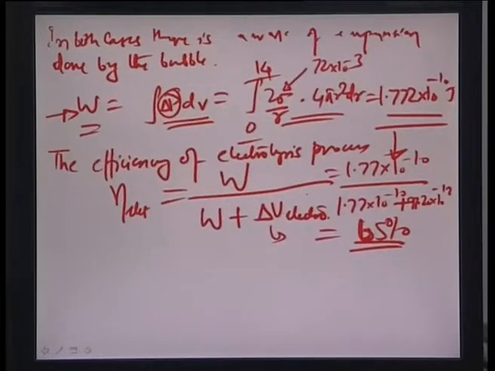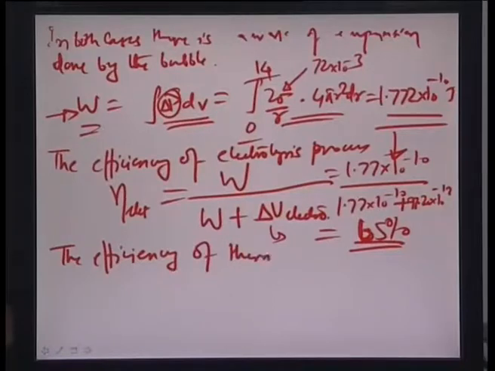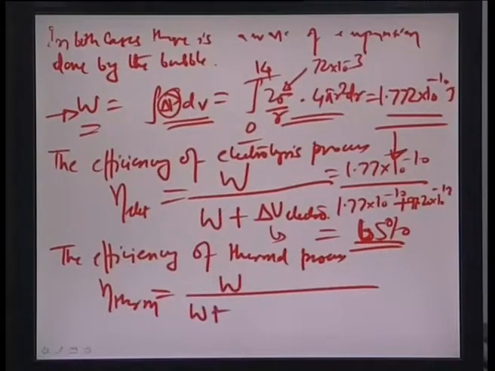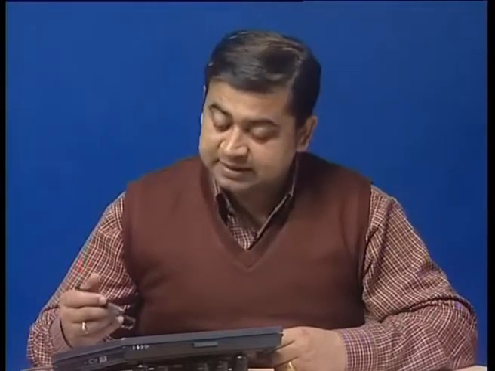However, if you look at the thermal efficiency in generating the bubble, let us call it N therm, it is equal to work done divided by work done by the small sphere plus the internal energy change by thermal means required for generating that amount of gases which can cause the bubble to be about 14 microns in diameter.